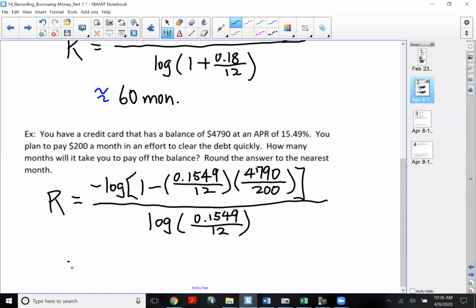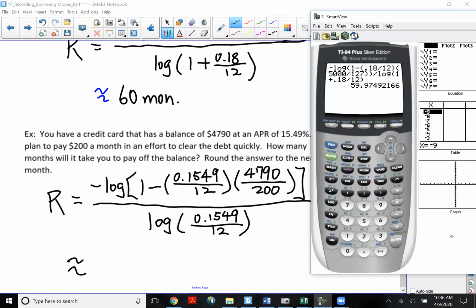All right, so let's punch it in and see what we got. Negative log, open parenthesis. If it does not open one for you, you want to open one yourself. 1 minus 0.1549 divided by 12, close parenthesis, open another one, 47.90 divided by 20, close parenthesis, and close the brackets.